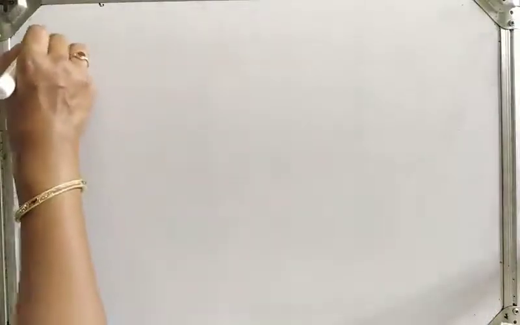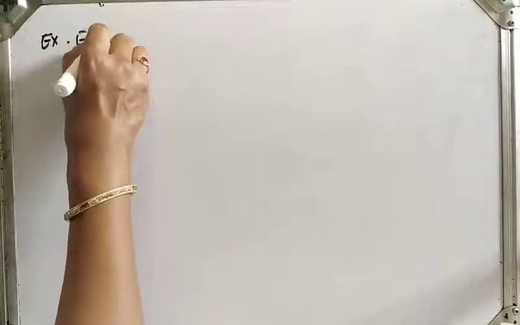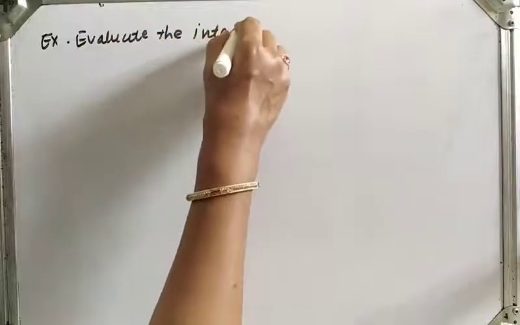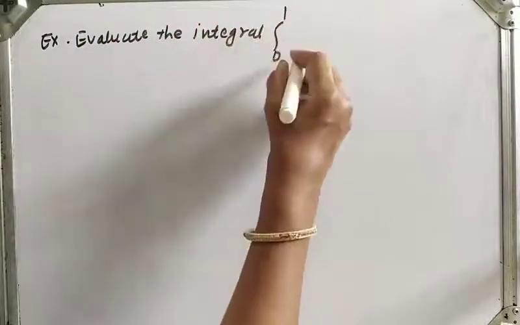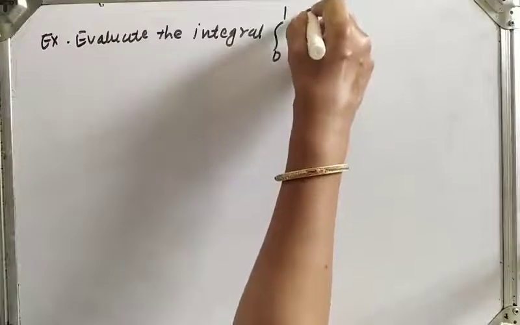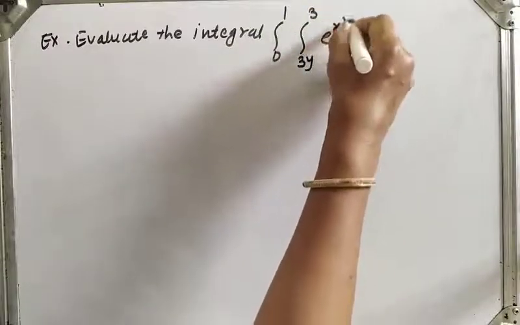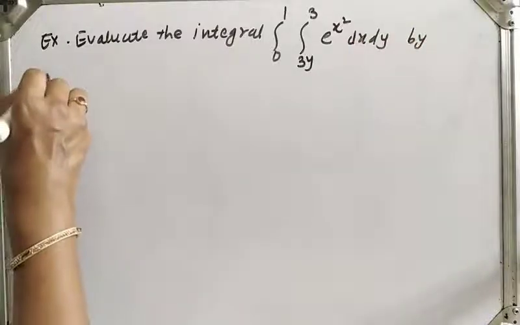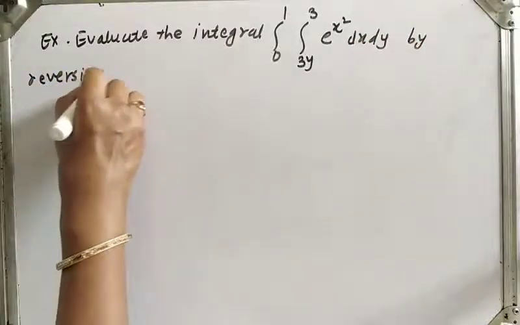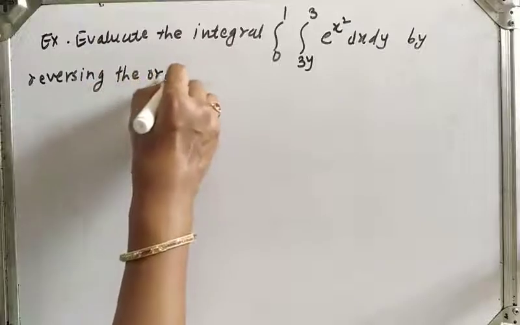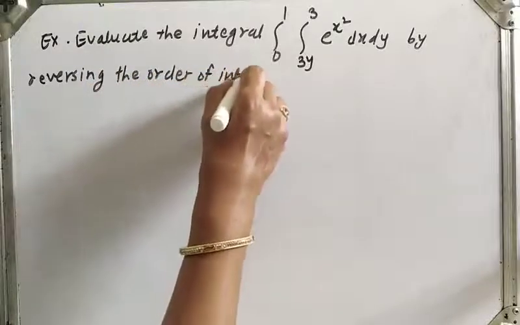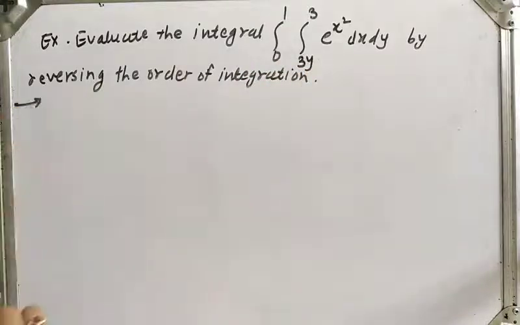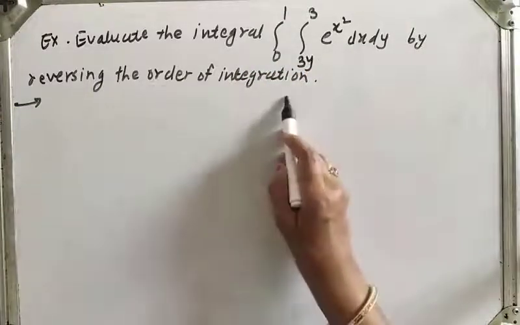So the next example is: evaluate the integral from 0 to 1, integral from 3y to 3, e raised to x square dx dy, by reversing the order of integration.